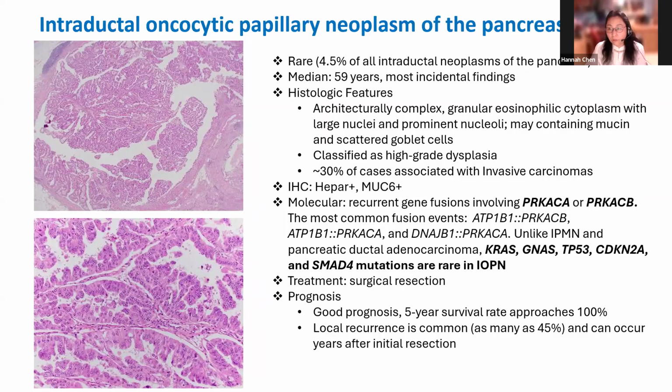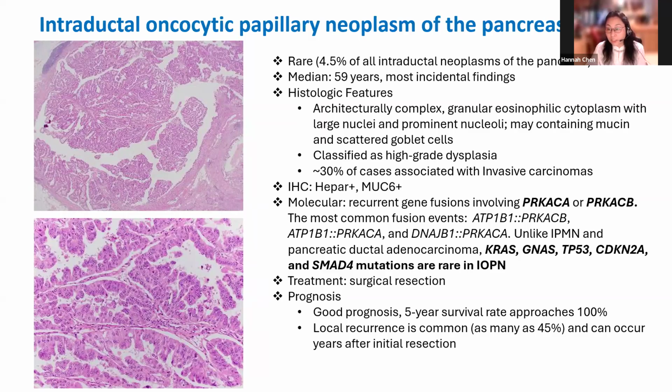The tumor cells show granular eosinophilic cytoplasm with large nuclei and prominent nucleoli. The tumor could contain some mucin-secreting cells, including goblet cells, and by definition is classified as high-grade dysplasia. About 30% of cases are associated with invasive carcinoma. IHC is positive for HepPar-1 and Mark 6.